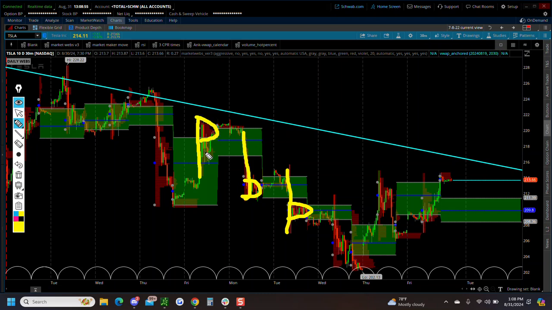So, in my opinion, you're probably not going to find resistance till you're up in this area. Up in this area, you're going to find resistance right around that volume profile. You'll probably find resistance up around the 219 area. But there's nothing about this volume profile that suggests that the upside move is done, in my opinion.